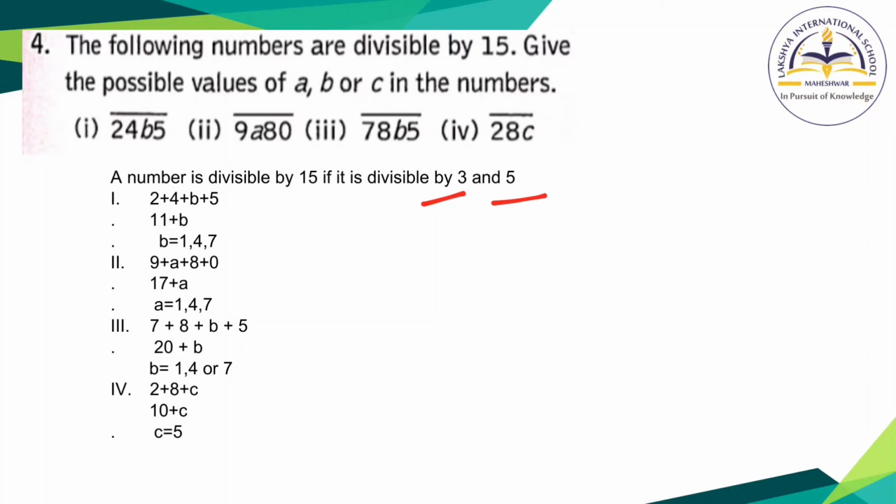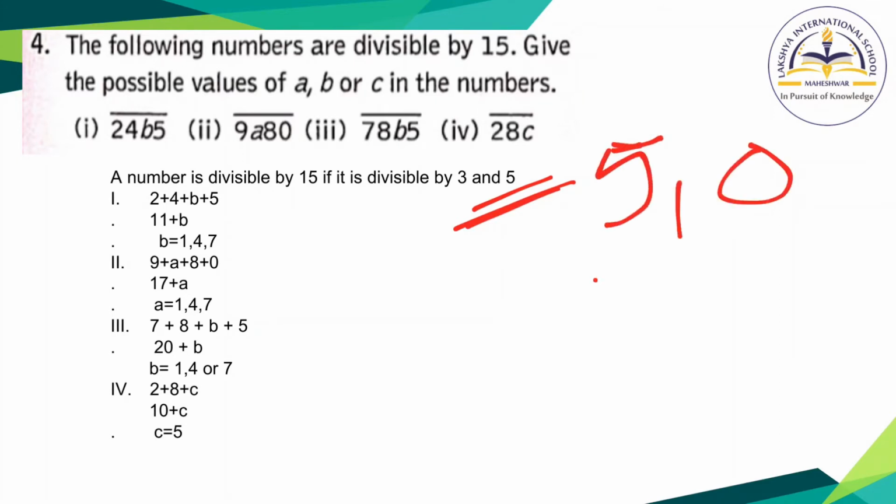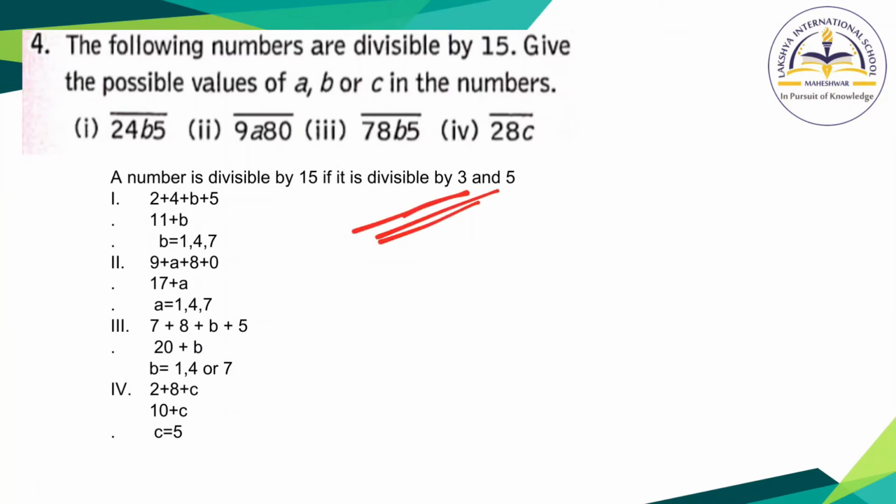You can see in the unit place, or at the last place, there is 5. So this number is divisible by 5. Why? Because any number which has 5 or 0 at the last place, the unit place, that number will be divisible by 5.